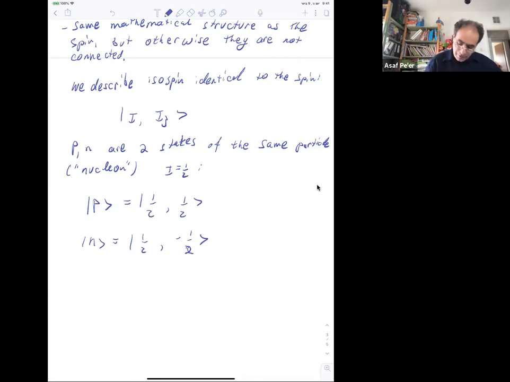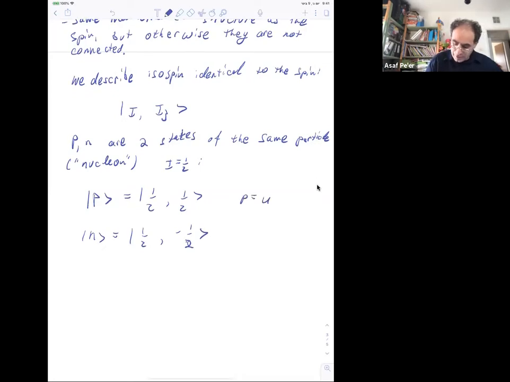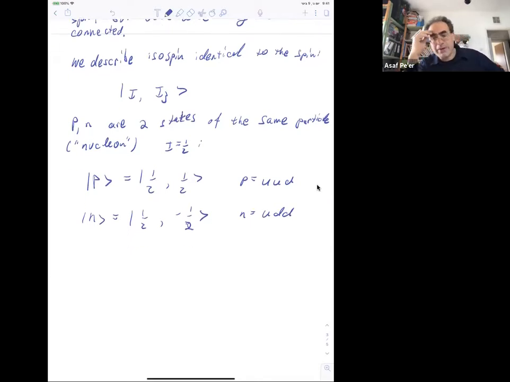Because we know that P is made of 2 ups and 1 down, and N is made of 1 up and 2 downs. So we can define the up and down states in the same way as we define the proton and neutron states, and use these to construct the hadrons, the baryons and the mesons.